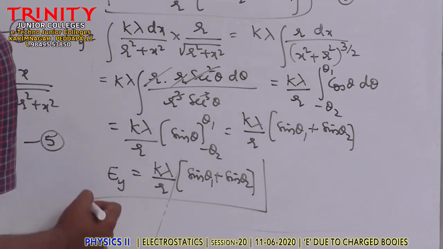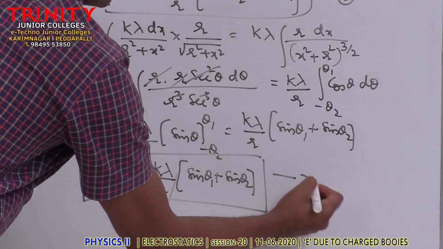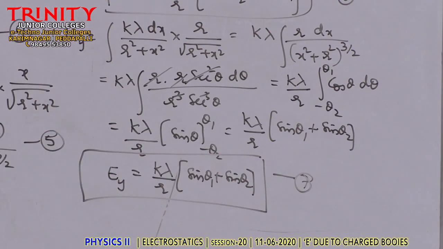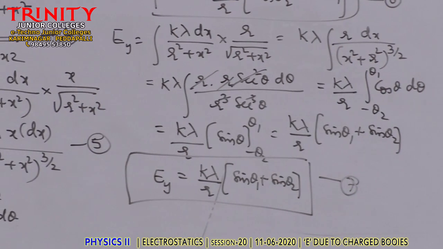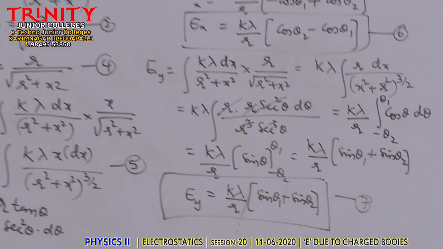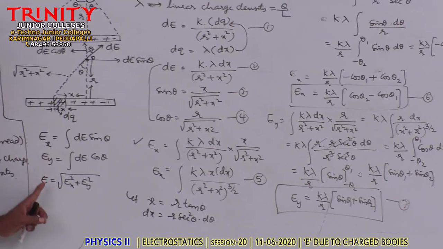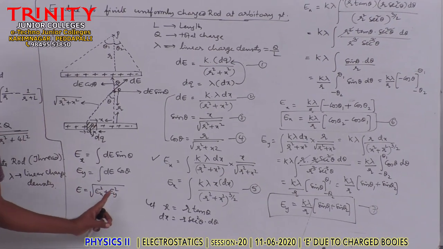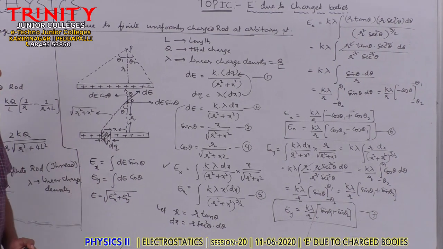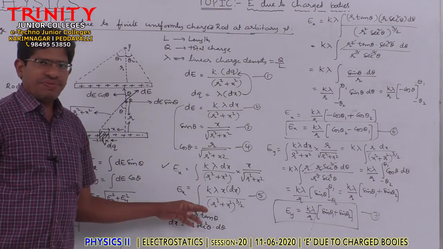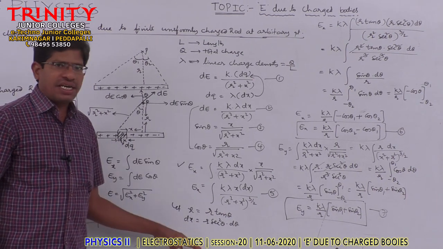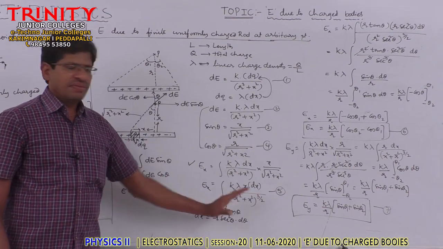So, this is the Ey component, the vertical component of the electric intensity. And once you know Ex and Ey, you can find E, which is under root of Ex square plus Ey square. If you have any doubt anywhere, rewind the video and then look again. That's always better, right?